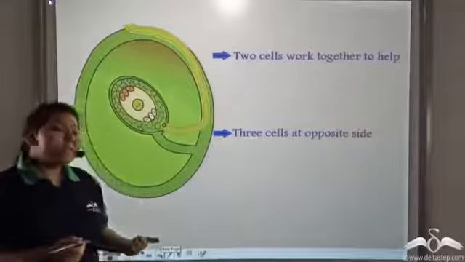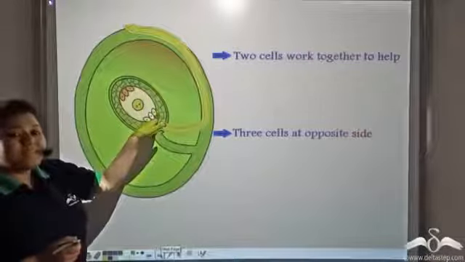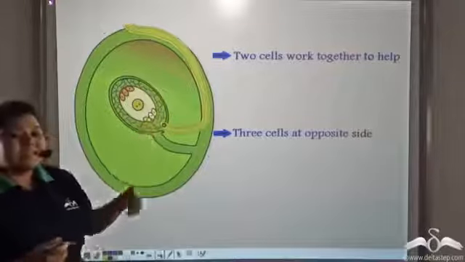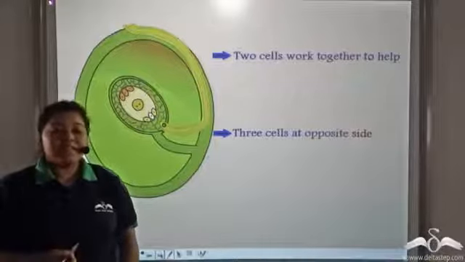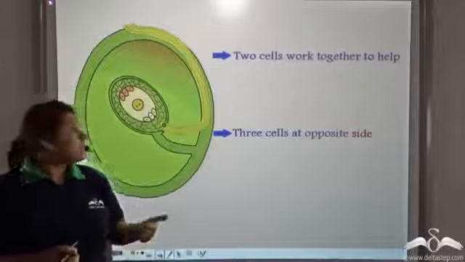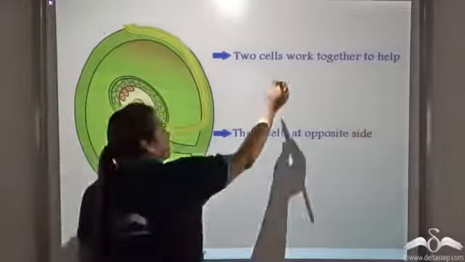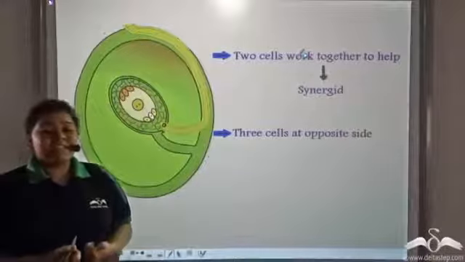Now, you might have also noticed that there are two adjacent cells beside the egg cell. These two cells work together and help in the fusion of a generative nucleus to the egg cell. So, these two cells are known as synergids.